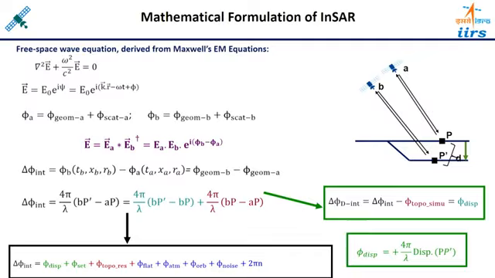Tides similar to the ocean surface are also developing on the land surface. Those tides also contribute to the difference between both the signals, or you can say to the interferometric phase. So we should understand how much tide is developed over our study area.